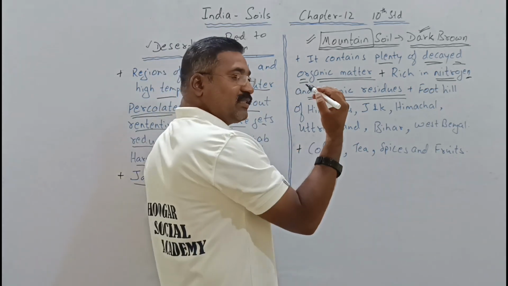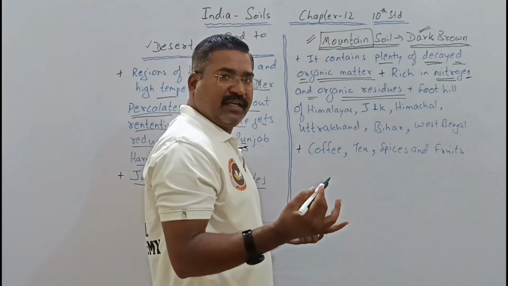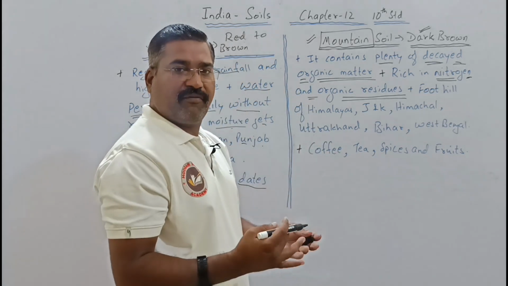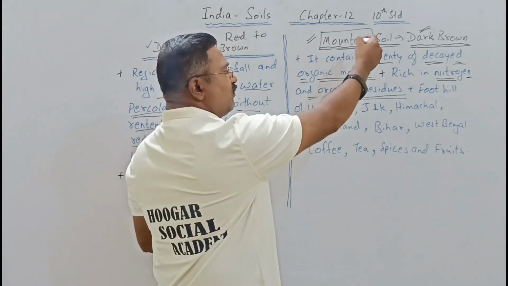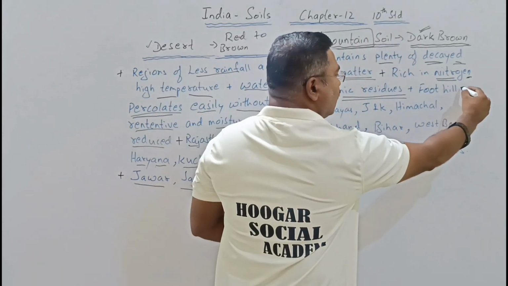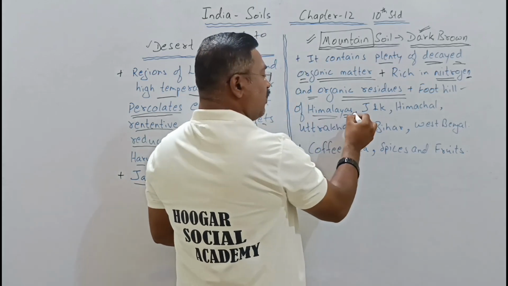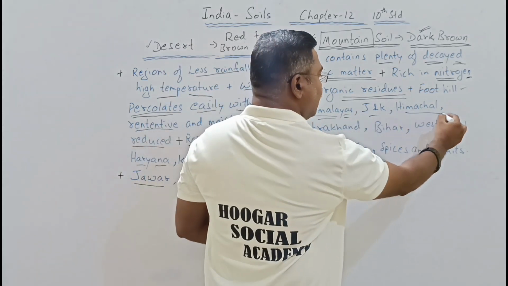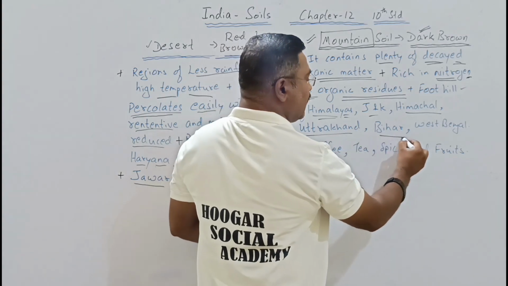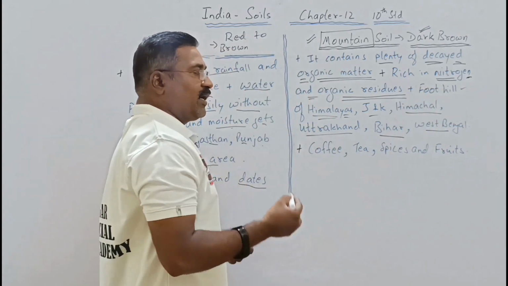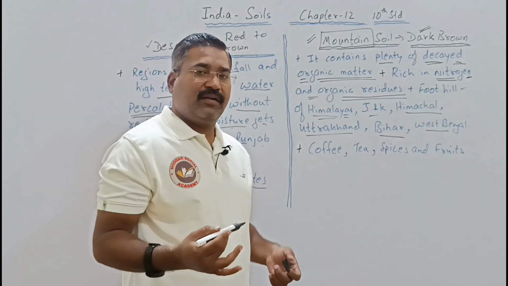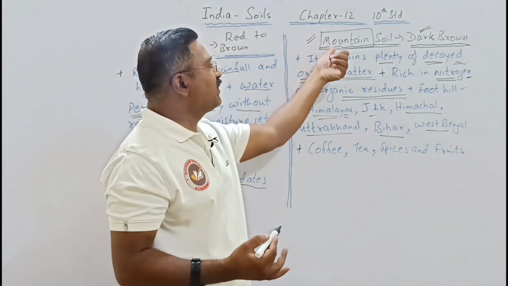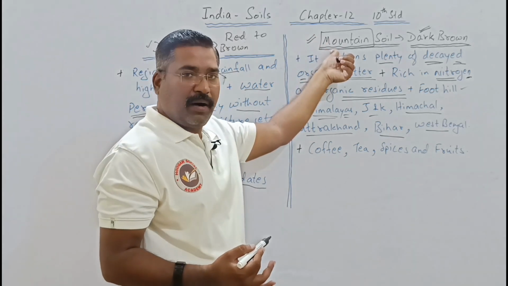Wherever there is a mountainous area in India, we see the soil called mountain soil. Foothills of the Himalayas, in the sense of the Shivalik range: Jammu and Kashmir, Himachal Pradesh, Uttarakhand, Bihar, West Bengal. These are the states where we get mountain soil.